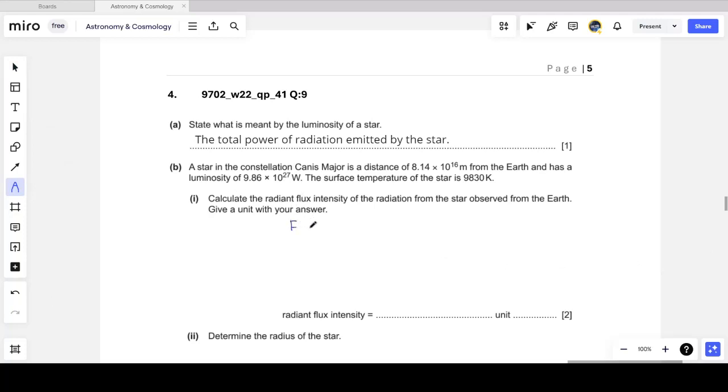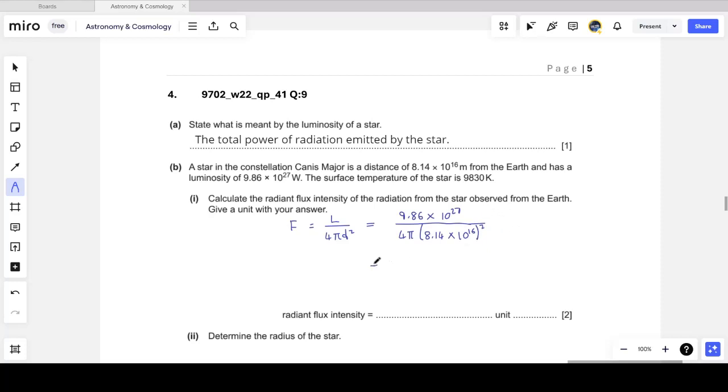So again, flux intensity F is the luminosity L divided by 4 pi times the distance between the objects squared, d squared. The luminosity of the star is given as, in 3 significant figures, 9.86 times 10 to the power 27 watts, divided by 4 pi times the distance of the star from Earth, which is 8.14 times 10 to the power 16 meters, and we square that value.